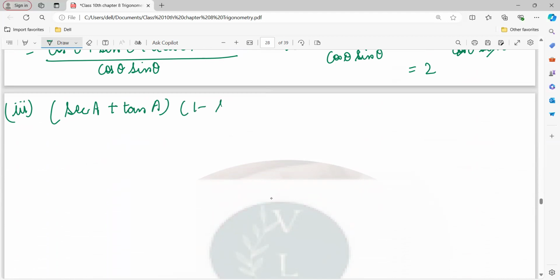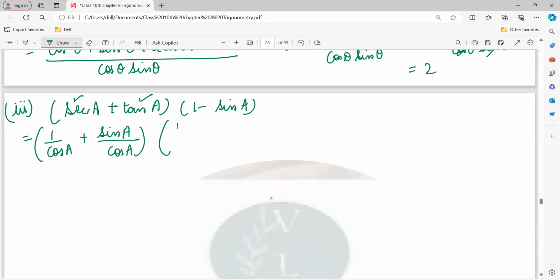Again, what we'll do is substitute the values of secant and tan. Secant is 1 upon cos, tan is sine upon cos. So we'll put 1 upon cos A plus sine A upon cos A into 1 minus sine A.